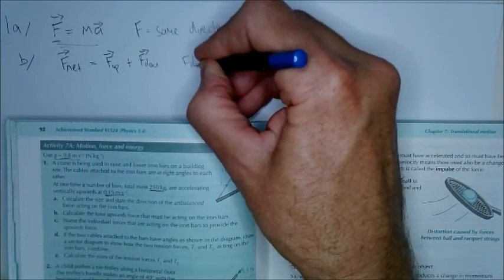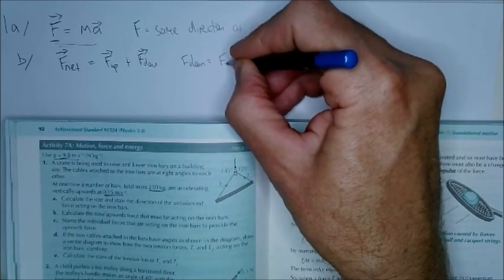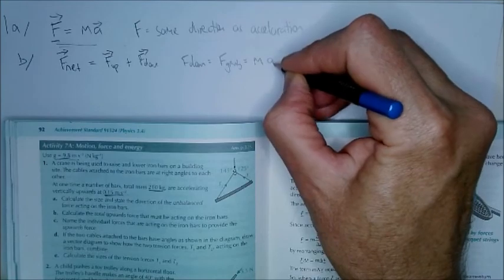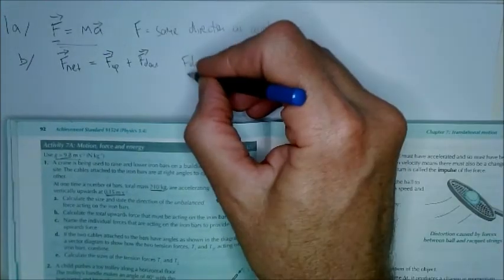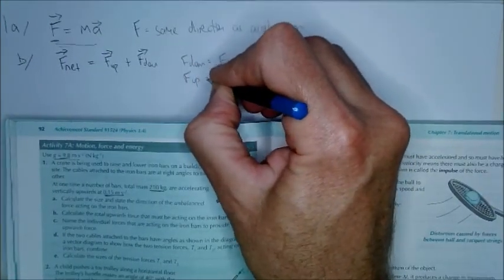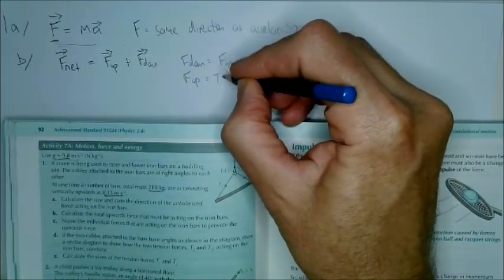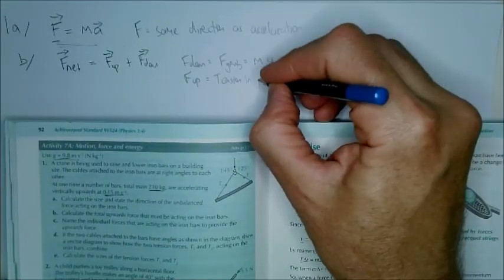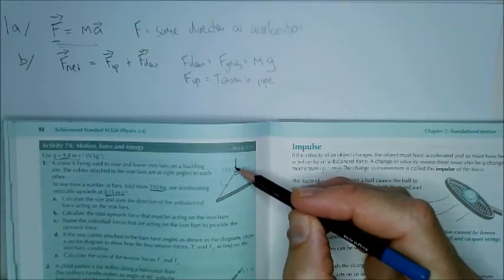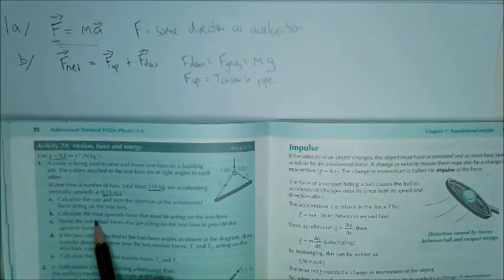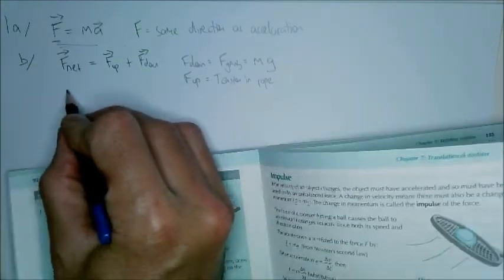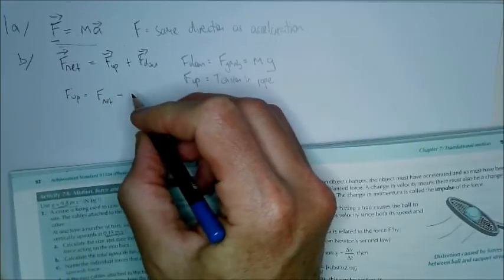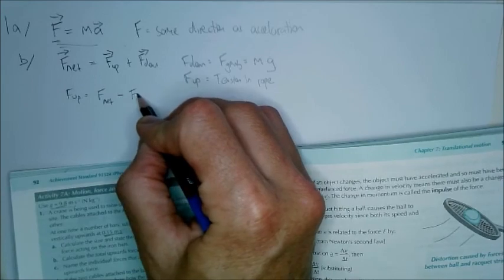So F down equals F of gravity, which is m times g, and F up equals the tension in the rope. Now the tension in this main rope up here at the top, that is the total upward force. So F up equals F net minus F down.